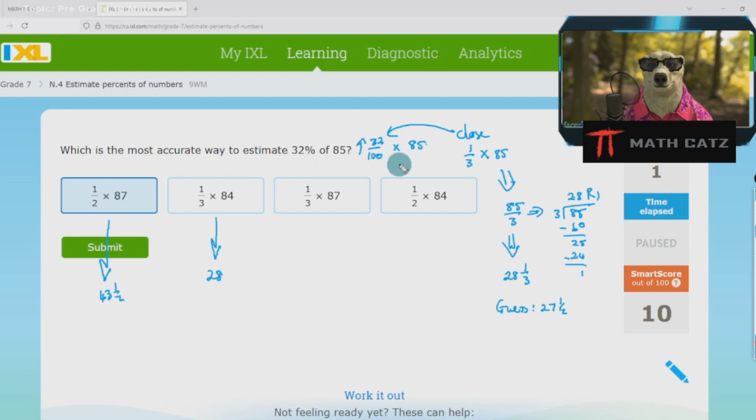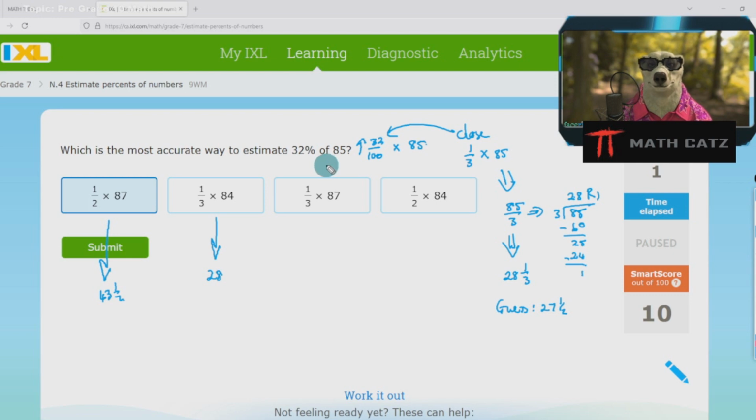I always want to try and just alter one of the numbers involved. If I change both, especially in opposite directions, one went down, one went up, it's very tricky to know what effect that has on my estimation.